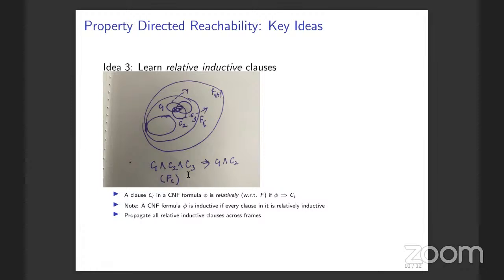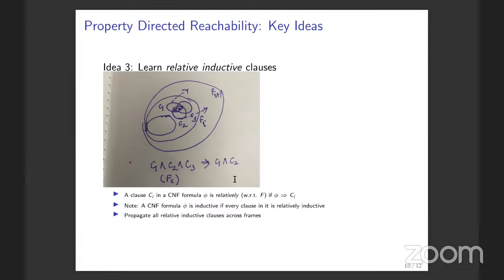A CNF formula is inductive if every clause is relatively inductive, correct? Because if every clause is relatively inductive, then C1 and C2 and C3 implies C1 as well as C2 as well as C3, and therefore it would satisfy the one-step inductive check.